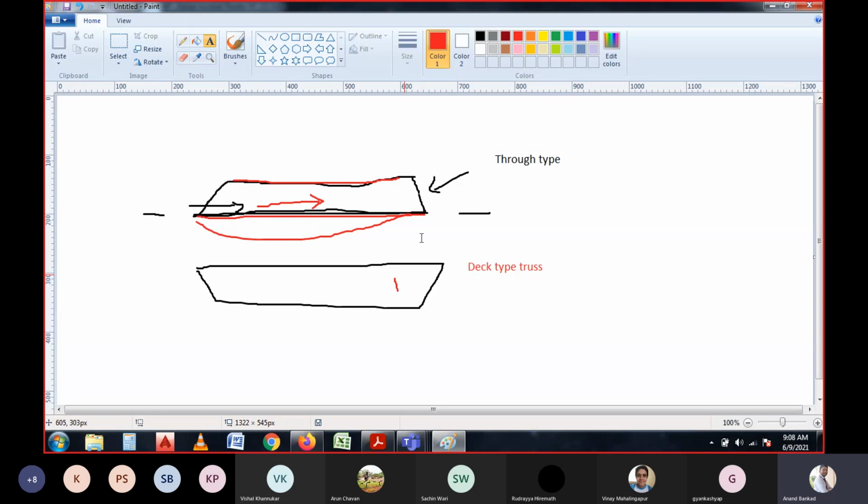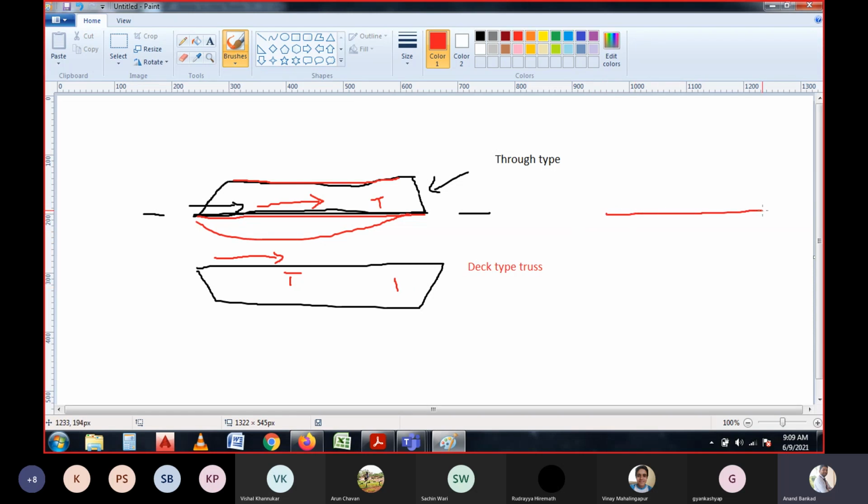So in this deck type of truss, when the load is moving on this part, the upper members of the truss will be under tension. But in the through type of truss, the lower members will be in tension. That is simple over here.